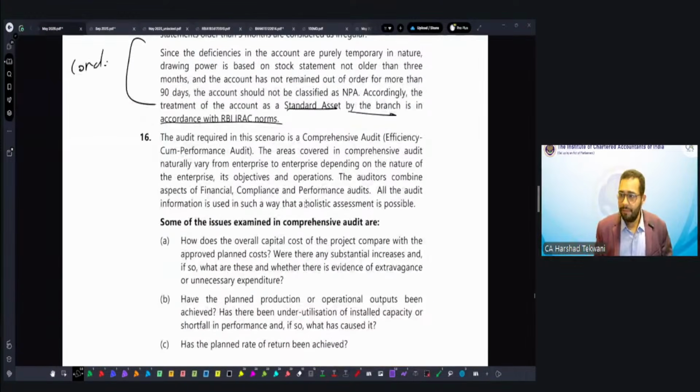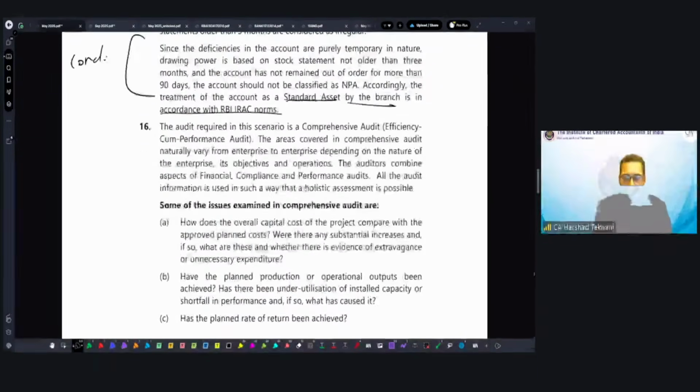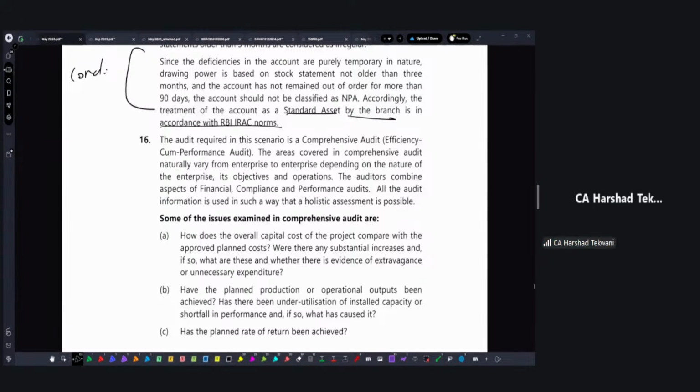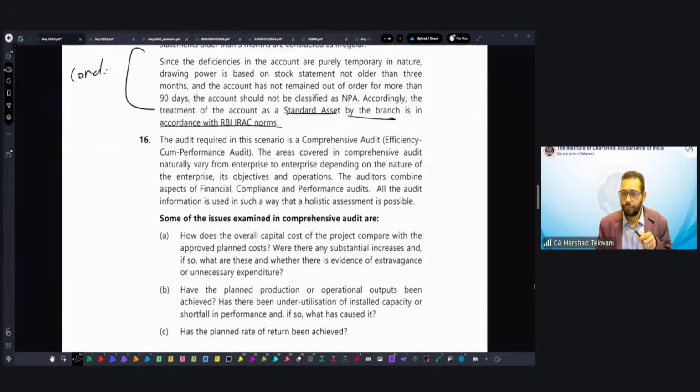As I said, we discussed that it will be a comprehensive audit, efficiency cum performance audit. Okay, the areas covered in the comprehensive audit. Yeah.